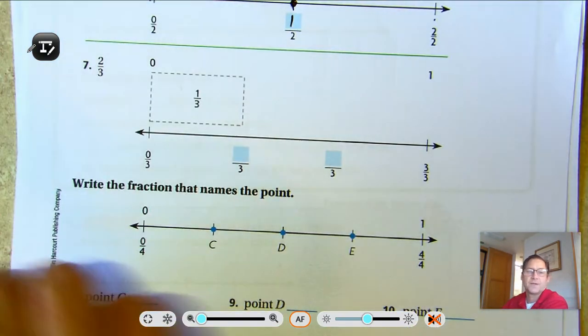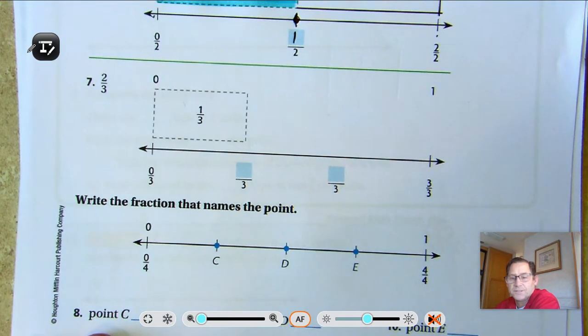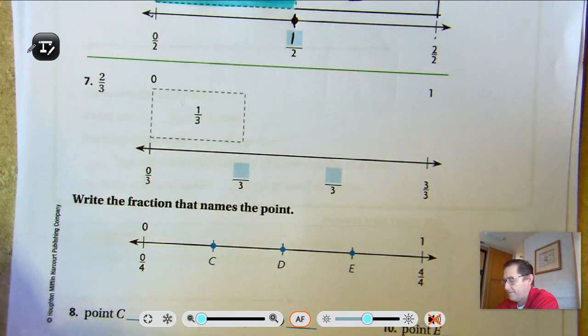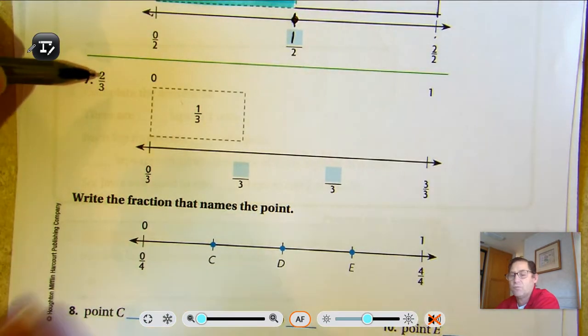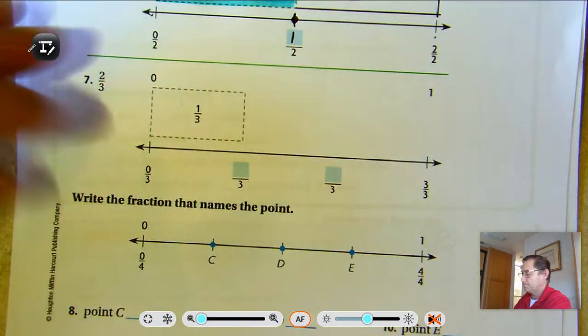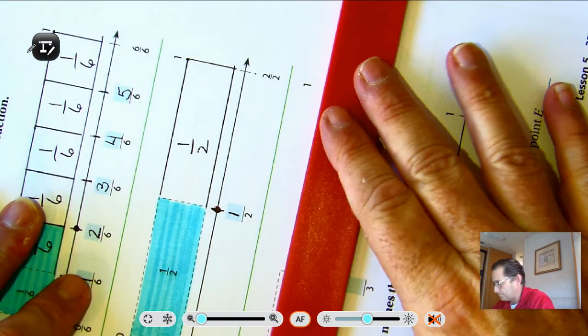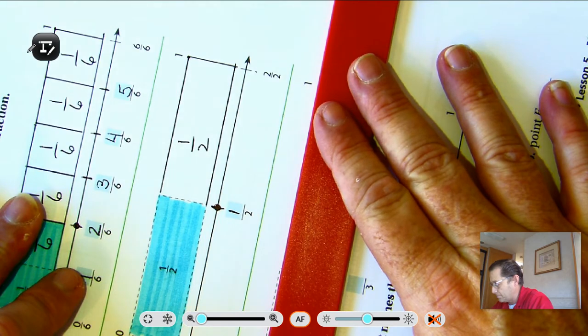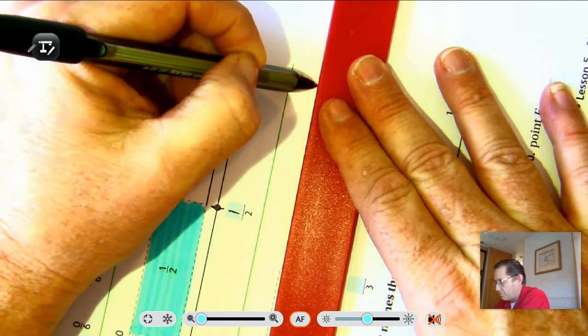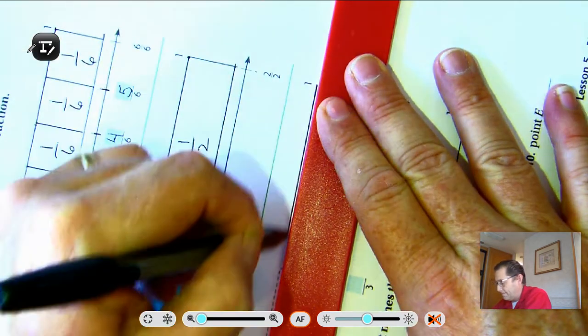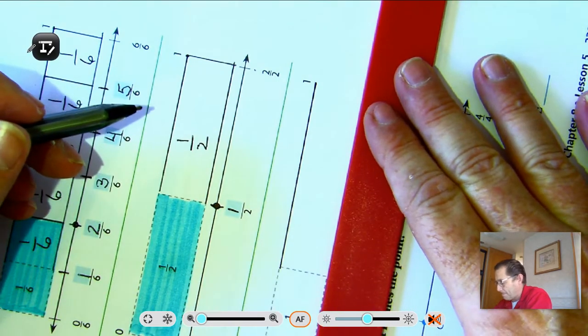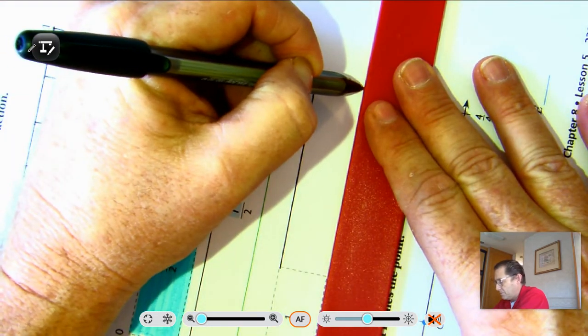Number 7, we have to find 2/3. Okay, the denominator again here tells us there's going to be 3 equal parts in the whole. So we know that the fraction strips have to go from 0 to 1. So we can go ahead and draw the whole thing out to 1.